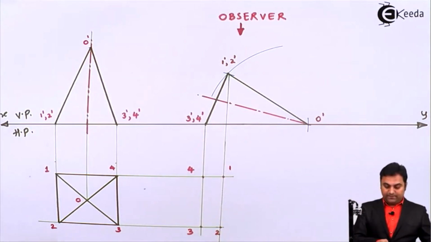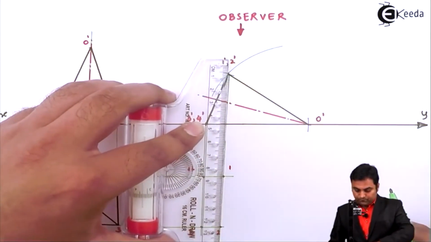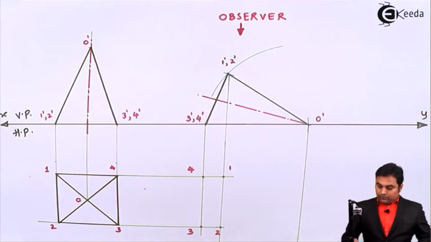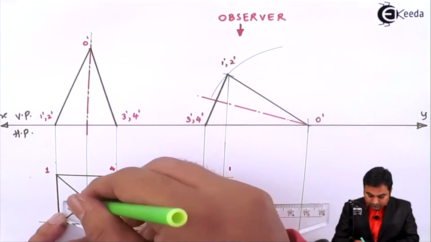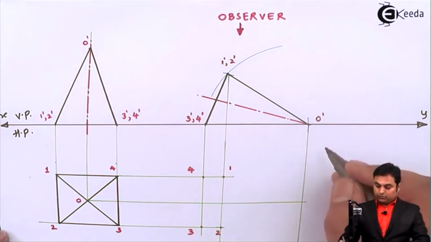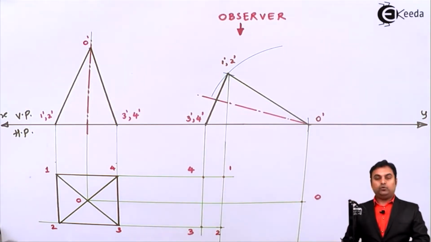Then there is this apex which is O dash. So it is projected from the front view. Now from the top view, wherever this O dash and O intersect, that is the point of the apex O.